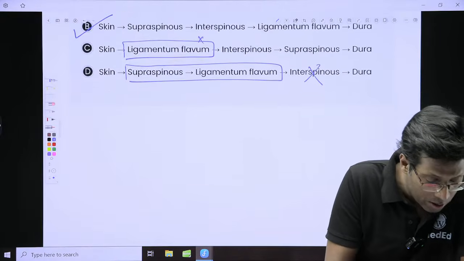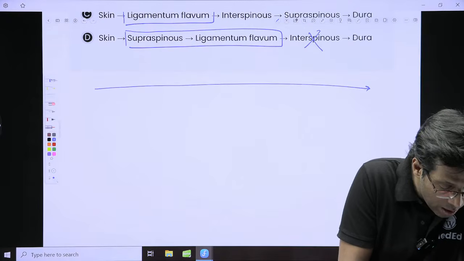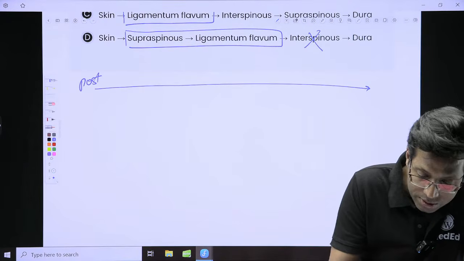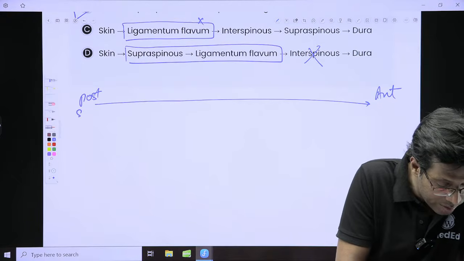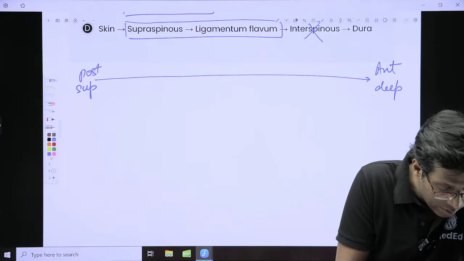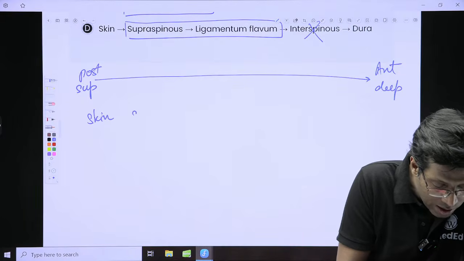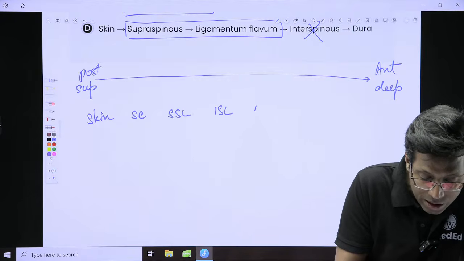Remember, if you are going like this in the patient, this is the posterior part, this is the anterior part of the patient, and we are going from superficial to deep, from posterior to anterior. The first layer you get is the skin, then comes the subcutaneous tissue, supraspinous ligament, interspinous ligament, ligamentum flavum.